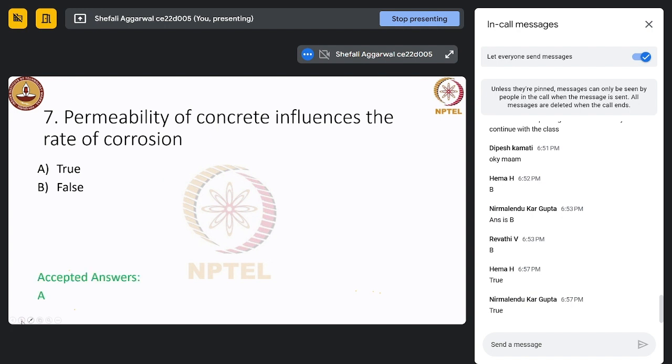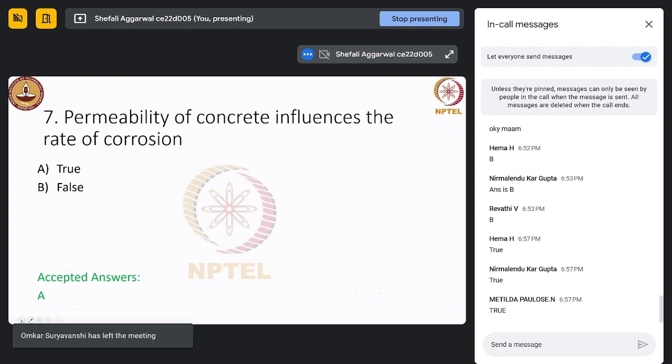True. Yes. So how does permeability influence the rate of corrosion? The more the permeability, the more the ingress of chlorides, and the more the chances of corrosion. And that's how permeability influences the rate of corrosion. Okay. This is a very simple question. We'll go to the next question.